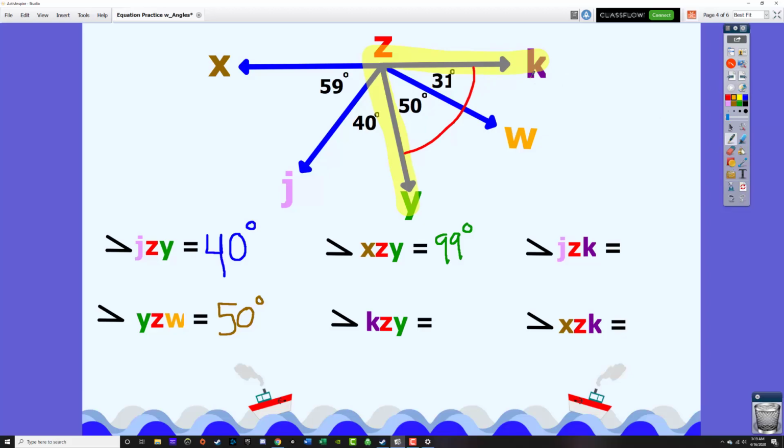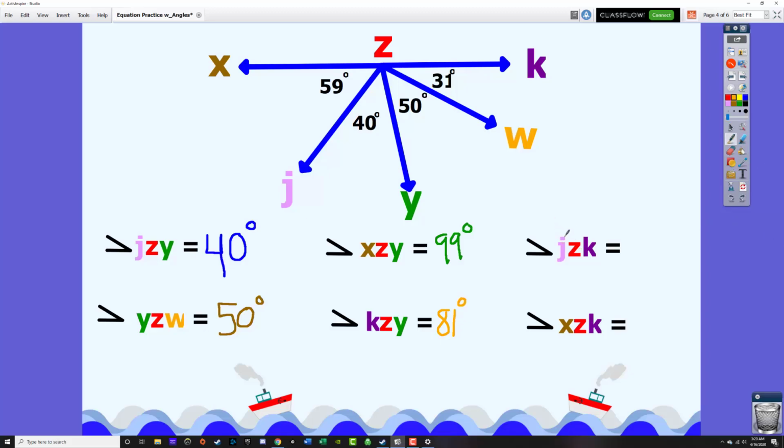Well, we know that this portion of the angle right here is equal to 31 degrees, and the rest of the way across is equal to 50 degrees. So if we want the entire angle, we're going to add both of these together. So 50 degrees plus 31 degrees is going to be equal to 81 degrees. Nothing too fancy here.